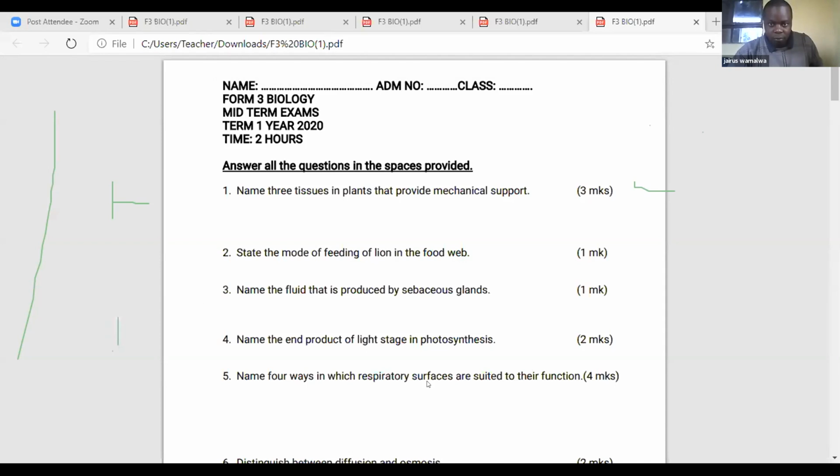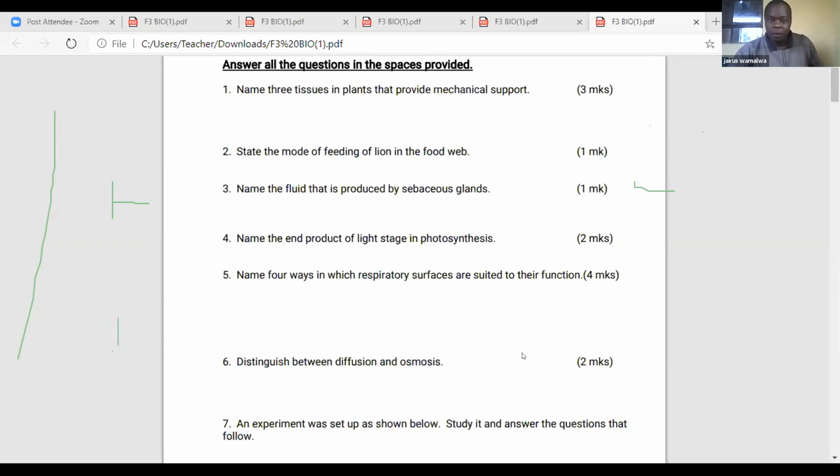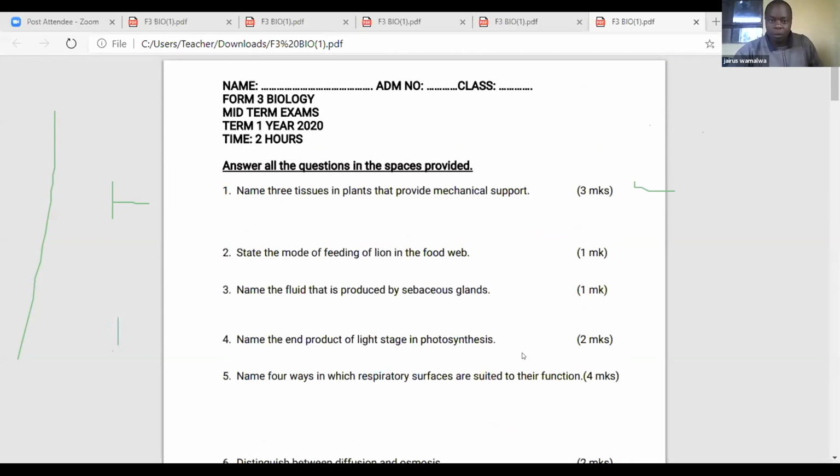I can see people are raising up their hands. Any other person raising up the hand? Raphael? Carnivorous. Carnivorous, and not carnivore.